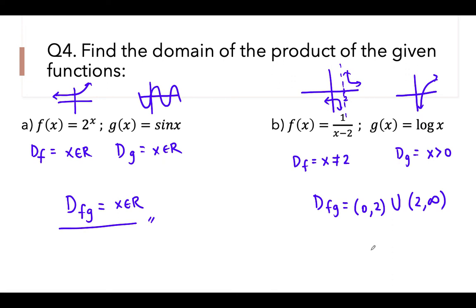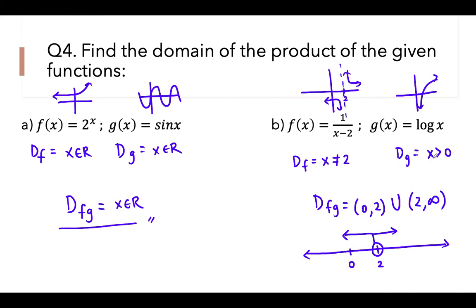If you want a better visualization, what you can do is draw a number line. So this is at 2. For the first graph, it looks like an open circle, and it looks like this, and this. Okay, and this is 0.